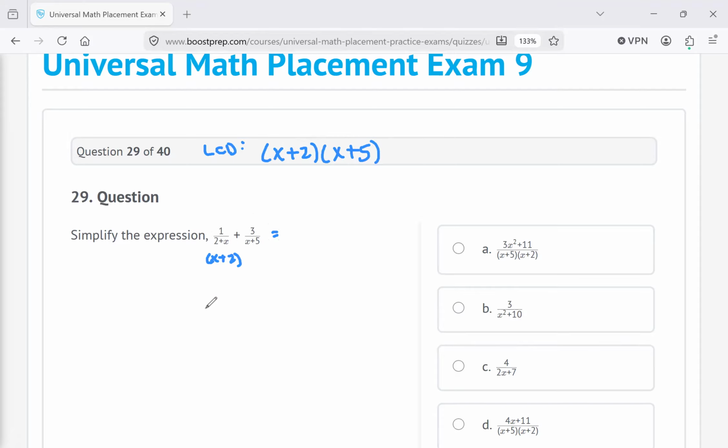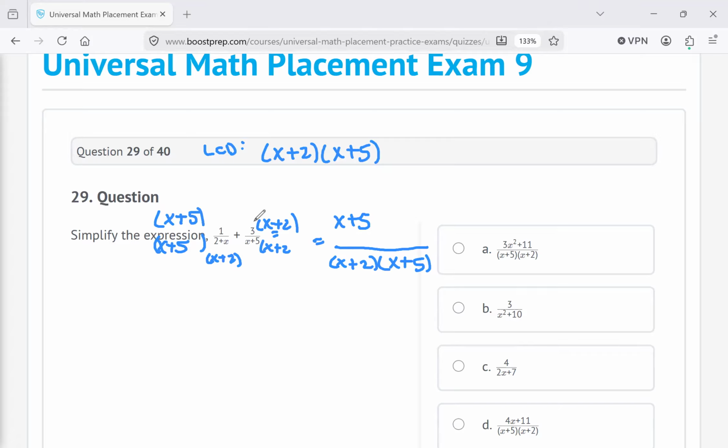So if that's the case, over here we need to multiply top and bottom by x plus 5, and over here you have to multiply top and bottom by x plus 2. So my LCD is x plus 2 times x plus 5. On the top, multiply 1 by x plus 5, that's x plus 5.